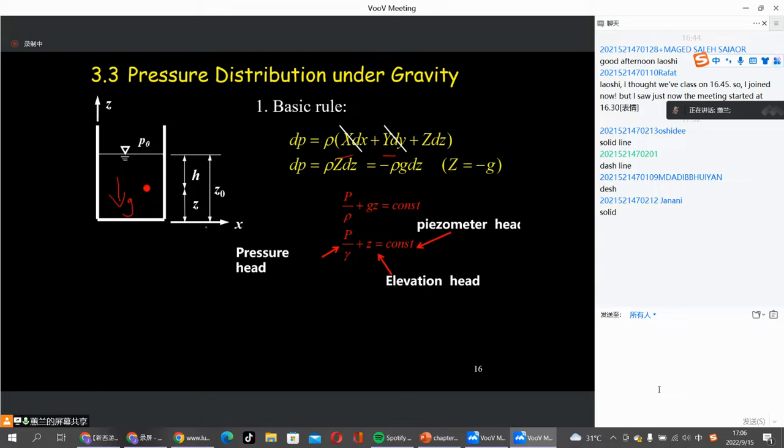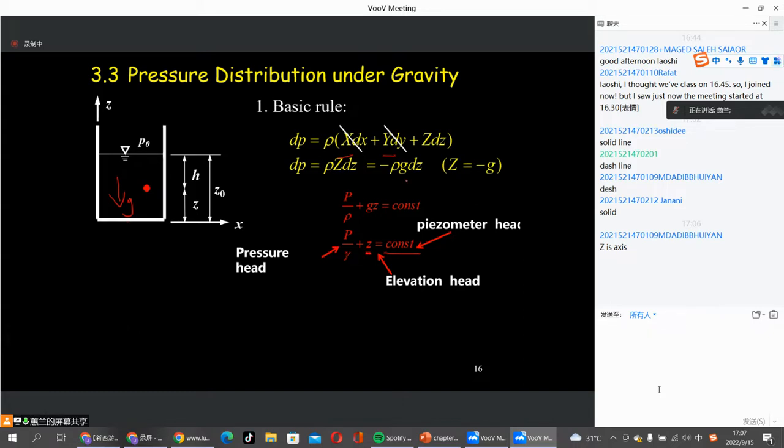This is your axis. And it should be equal to constant. So how to find out the constant? We need to use what we call the boundary condition.